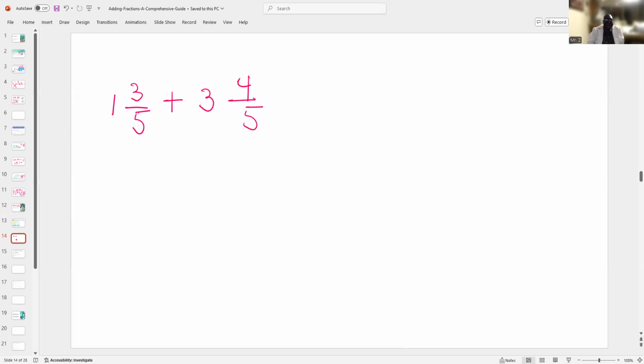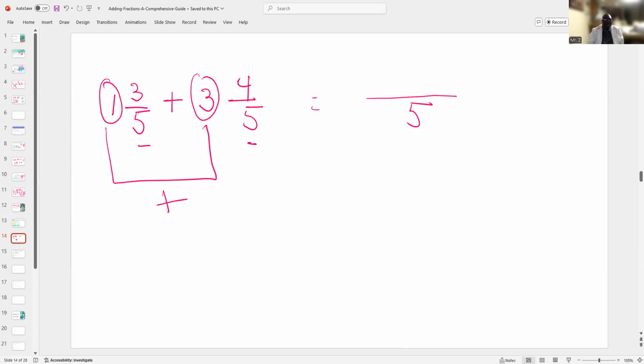Anytime you are adding mixed numbers that have the same denominator, the only thing you have to do is keep that denominator the same. You add the whole numbers together: 1 plus 3 gives 4.